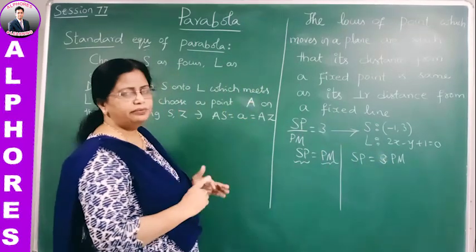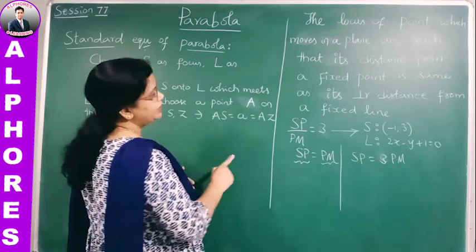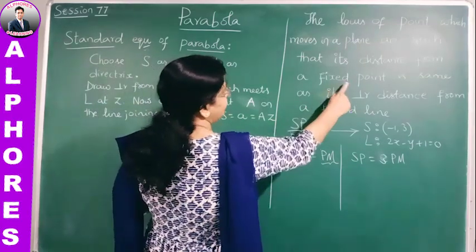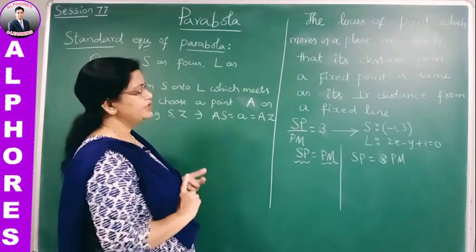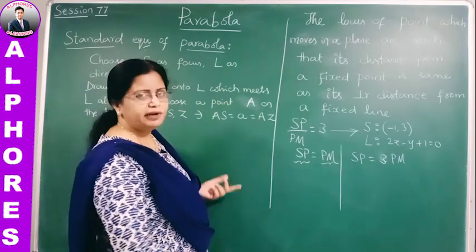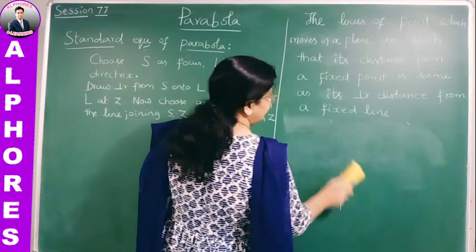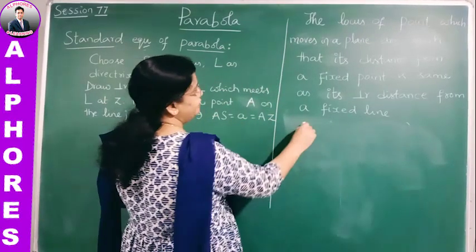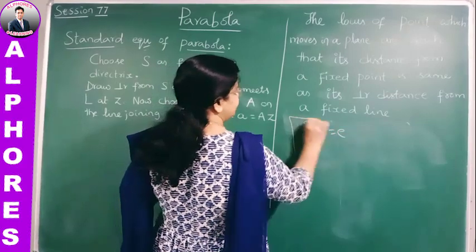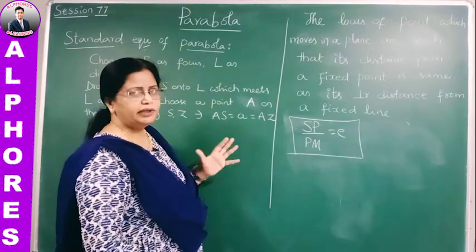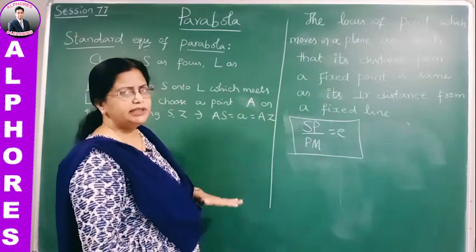That means, to find the equation of a conic, the necessary conditions in the beginning are a fixed point and a fixed line, known as the focus and directrix. So what is the main equation, students, to find the equation of a conic? The main equation is SP divided by PM equal to E. Using this we can find the equation of any kind of conic when the focus and directrix equation are given.